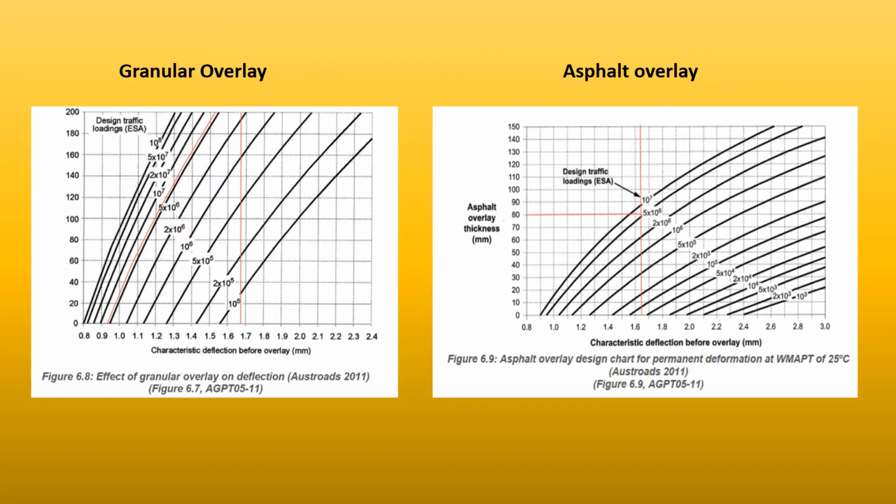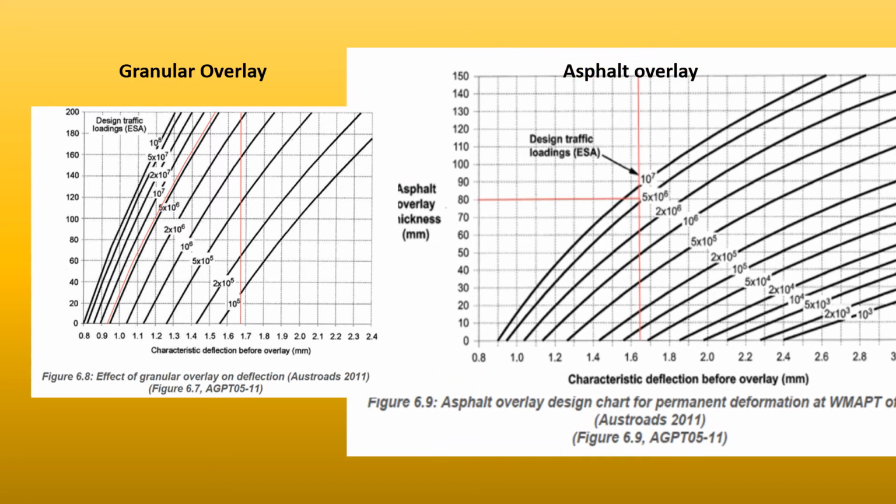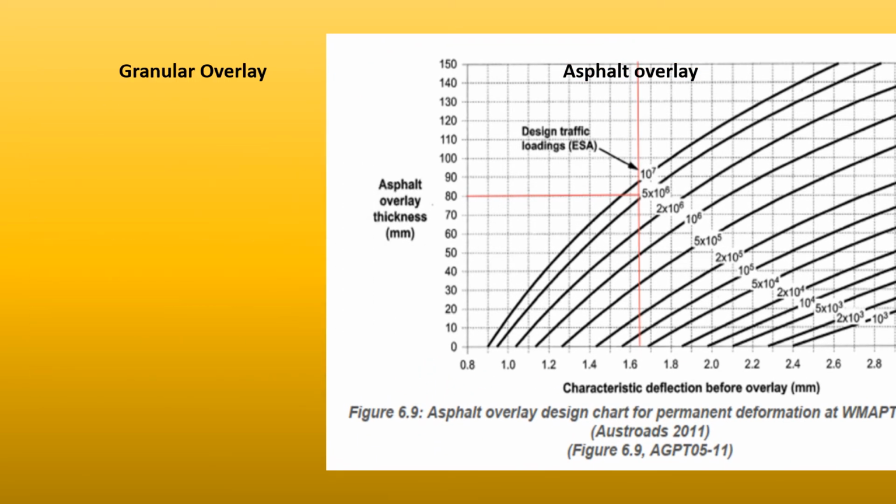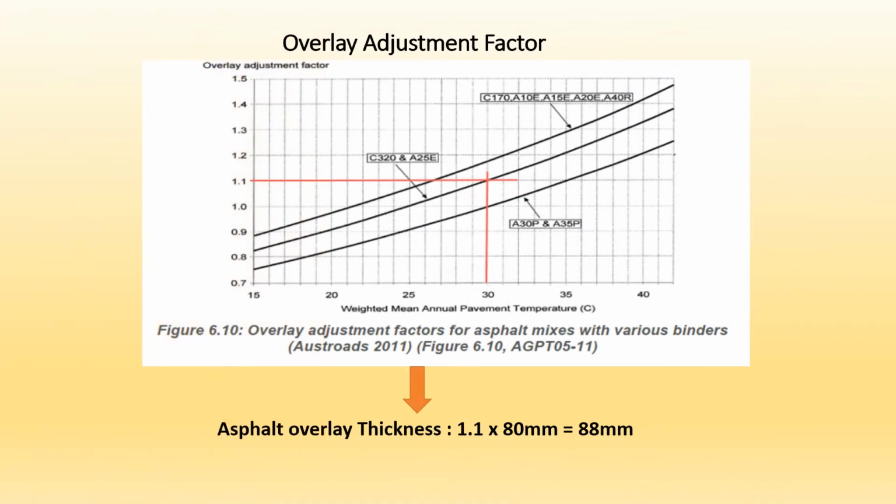For the asphalt overlay, from the graph we can see we need 80 millimeters. But this graph belongs to the deformation at a WMAPT of 25 degrees, so we need to adjust this with another factor, which will be read from Figure 6.10 from Austroads Part 5.